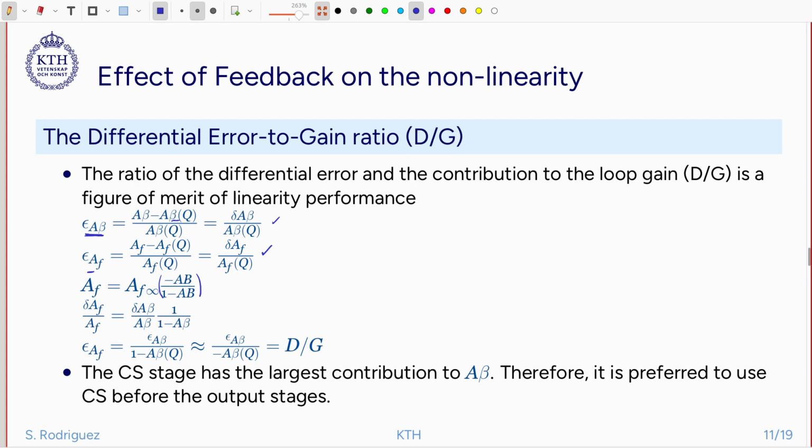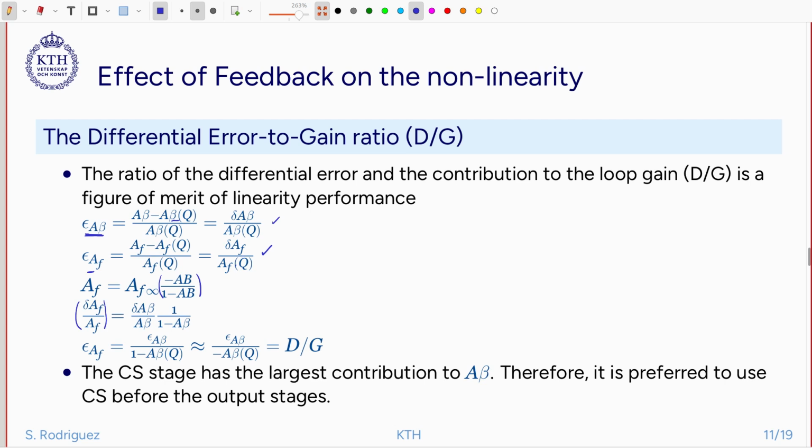We will come to the following expression, in which the differential of the closed loop gain divided by the closed loop gain, that is a percentage. This is the percentage that the closed loop gain has moved with respect to the closed loop gain.